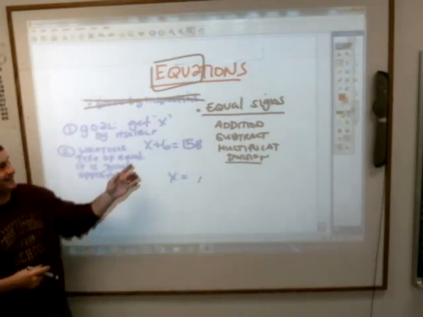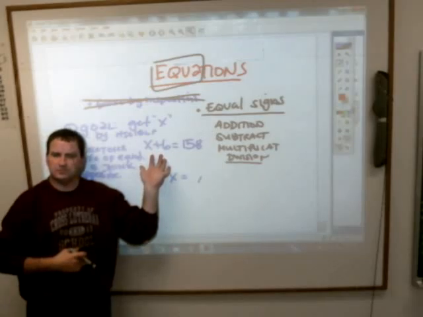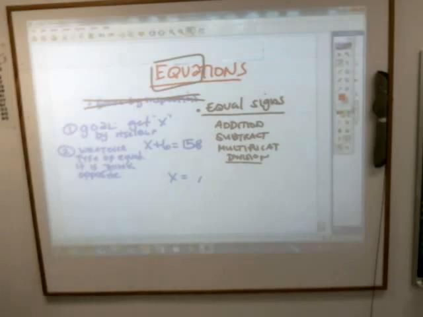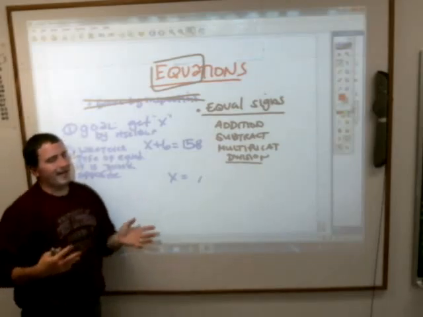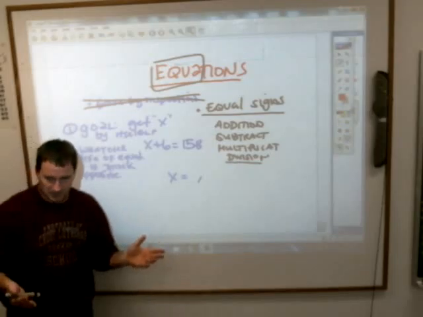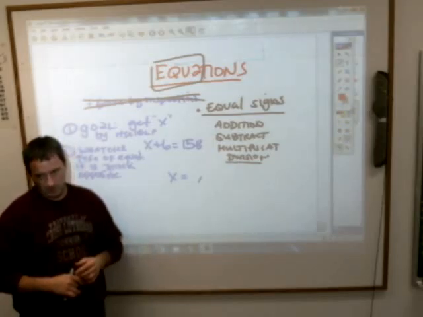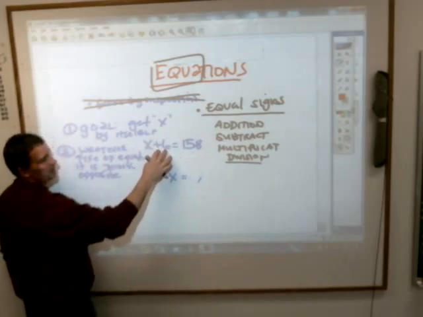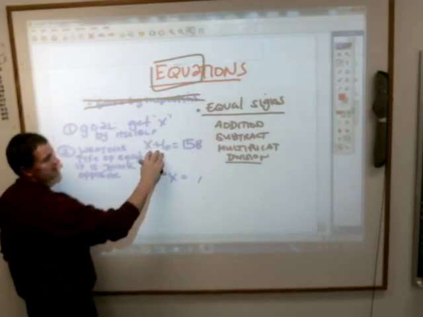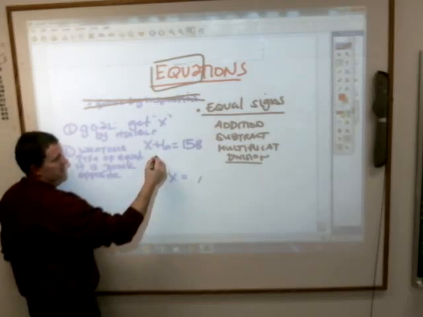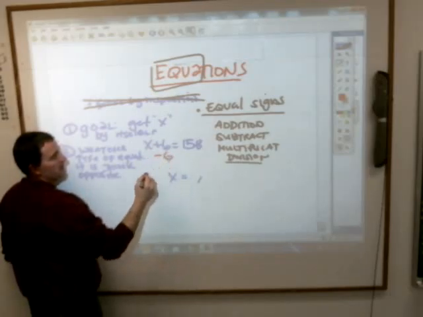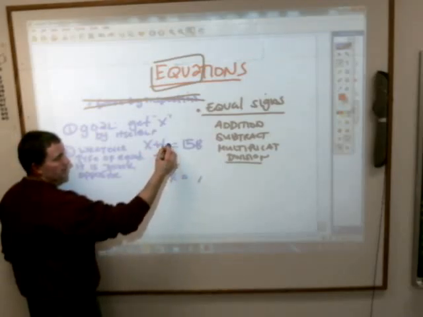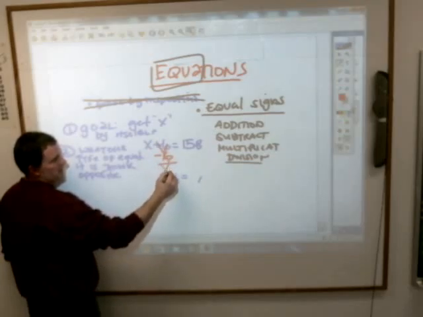This is an addition equation. How do I know? There's an addition sign there. So right away, I know to solve this, I am going to subtract because that's the opposite of addition. I want to get my x by itself. The way to get rid of what's on the equation with the x, it's the 6. In order to get this x by itself, I have to subtract 6 because 6 minus 6 is nothing. It goes away, and I'm left with just the x.